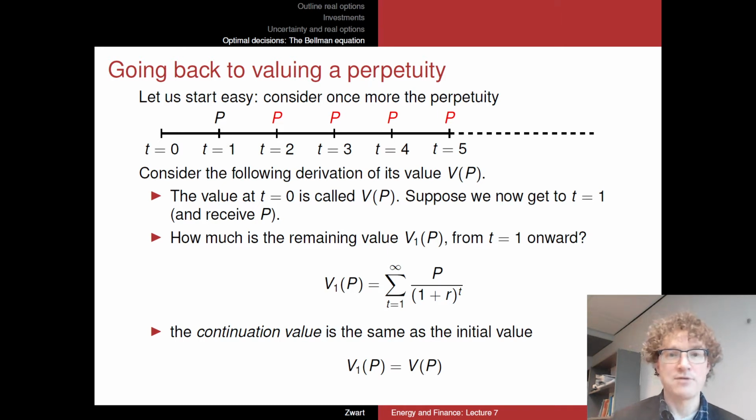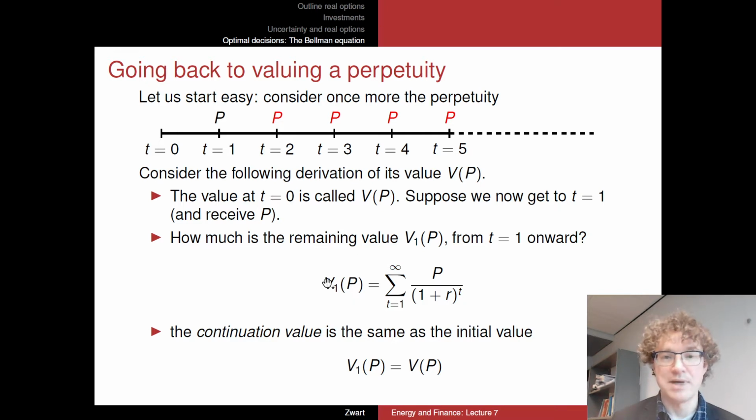Well, we still have the outlook to get this whole stream of the red P's that remain, starting in T equals 2. So for somebody who sits in T equals 1, we have this amount of money P, but we also have this remaining value V1 of P, but this remaining value for this observer in T equals 1 exactly has the same form as what we had before, right?